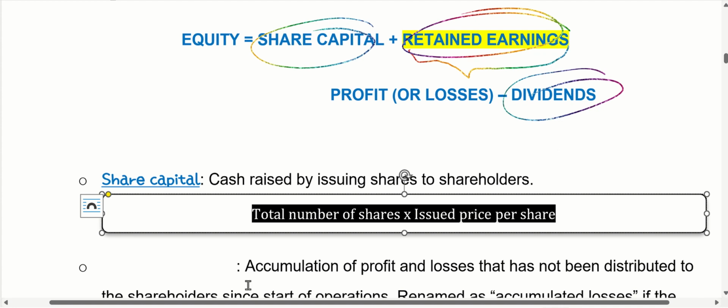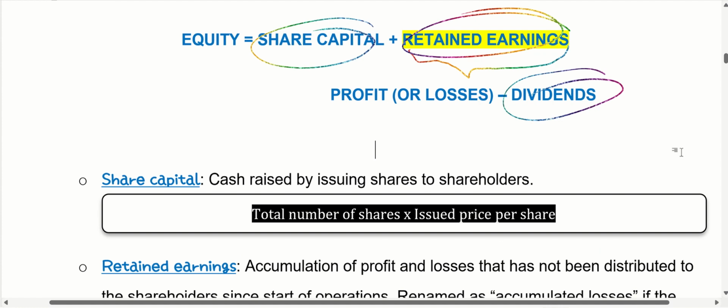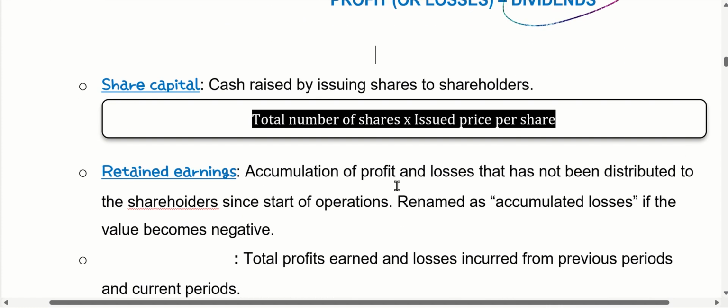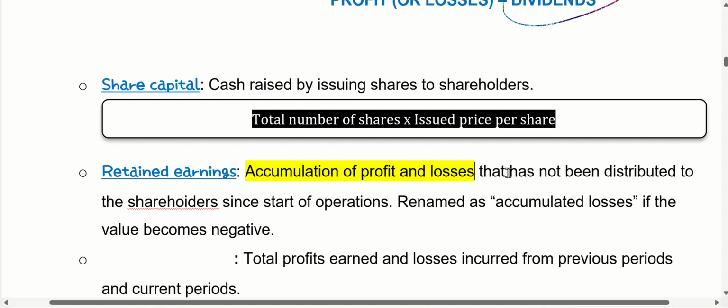Now, the next term that I'm looking at is retained earnings. So what is retained earnings? Retained earnings is basically an accumulation of profit or loss. All the profit and all the losses that your business has earned or made over the past many years, all added up together. The total profit or losses. And this total profit or losses has not been distributed to the shareholders.